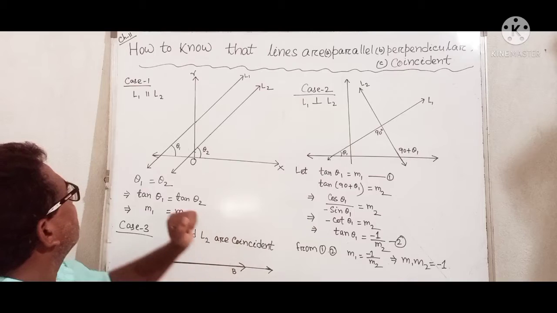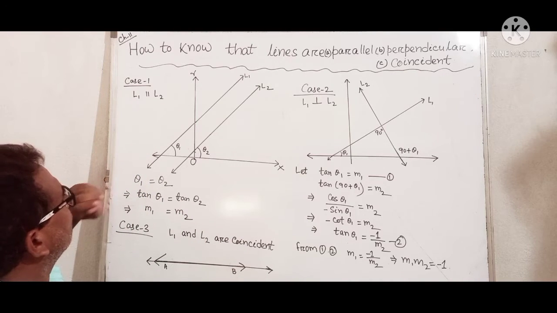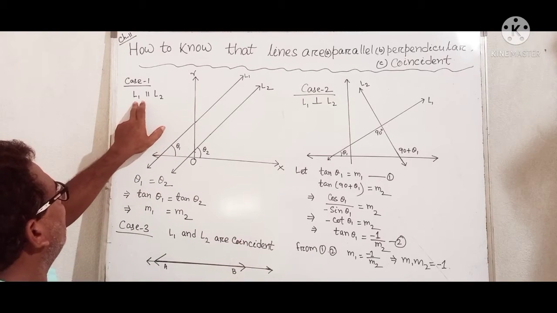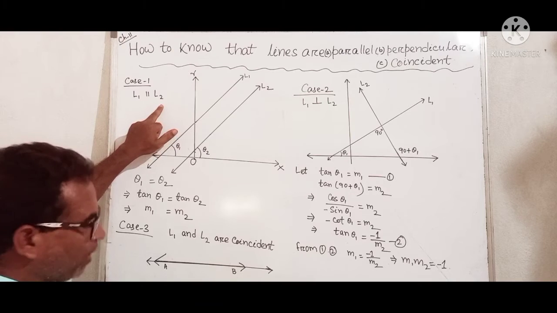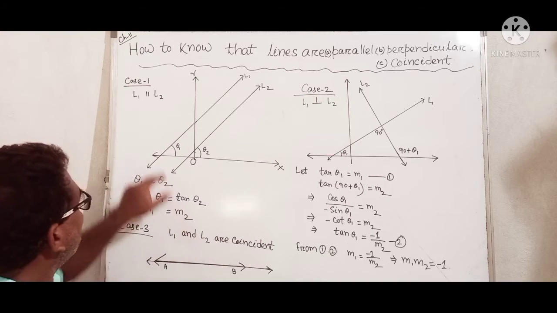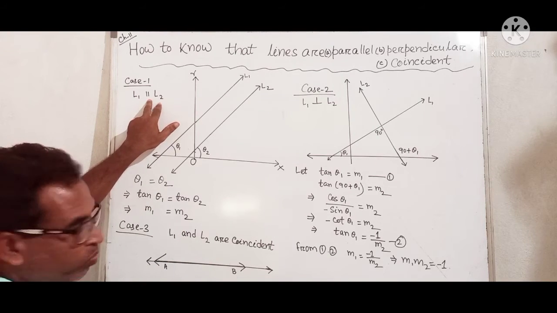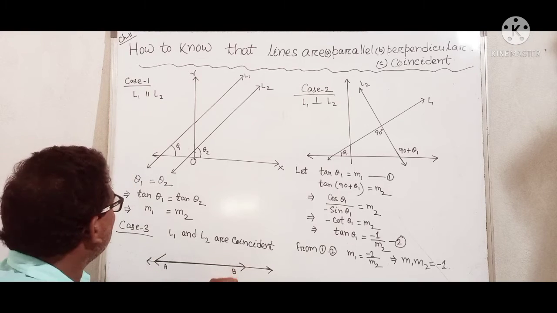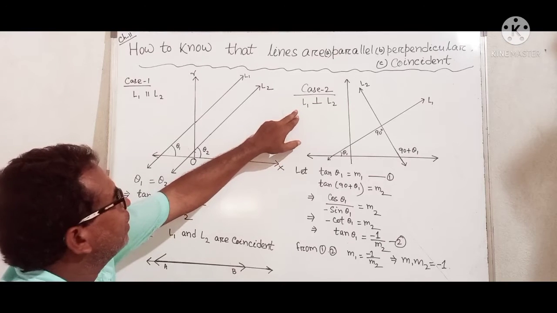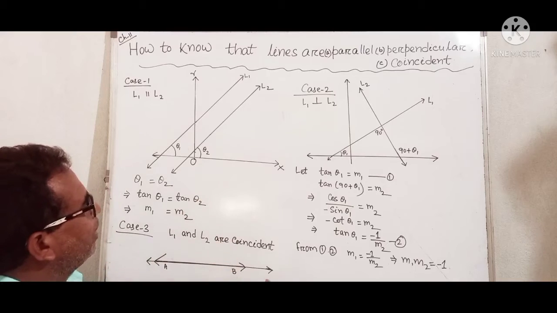So we learned two concepts: if L1 is parallel to L2, then slopes are equal, and if slopes are equal, then L1 will be parallel to L2. Then case 2: L1 is perpendicular to L2.